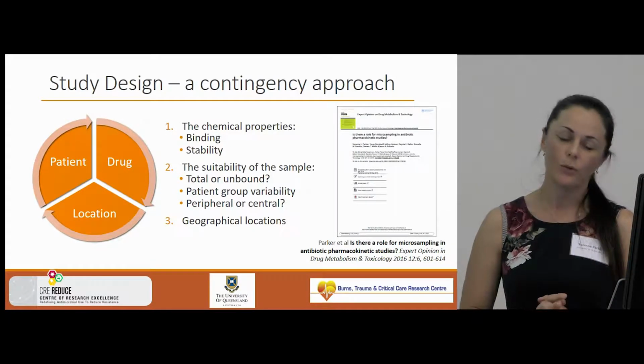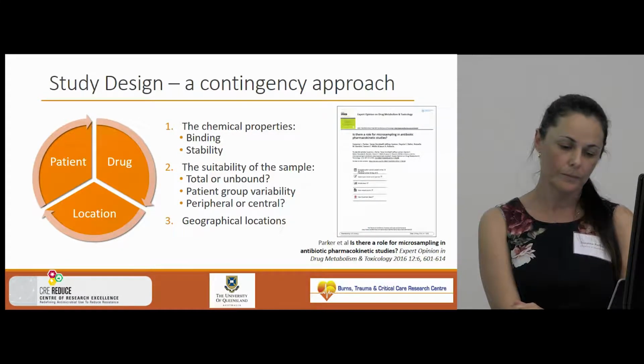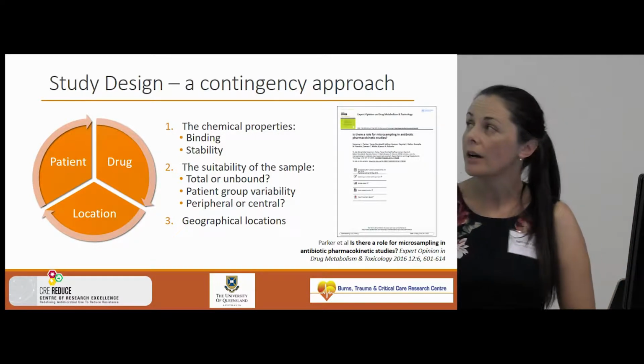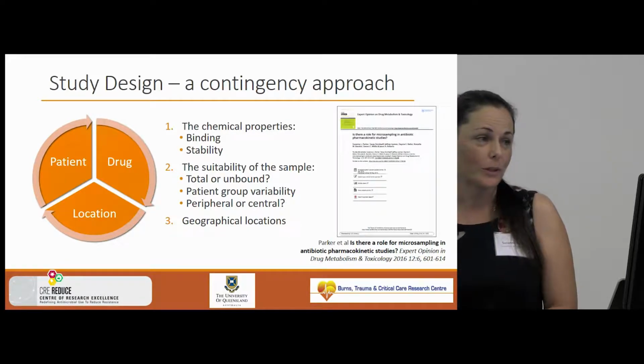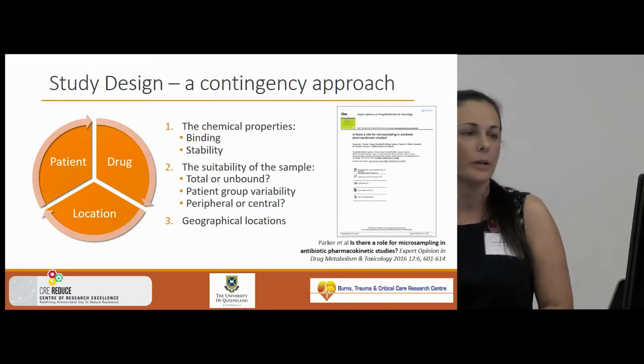And are we going to have profound patient group variability that's going to affect our results? A study in 2017 by de Kock on critically ill paediatric patients found the unbound concentration ranged from 49 to 98%. So one of the big questions for us is, can we measure unbound concentrations of vancomycin?